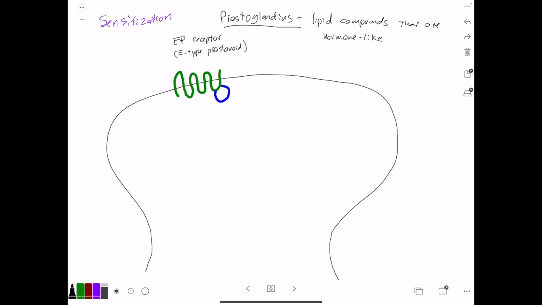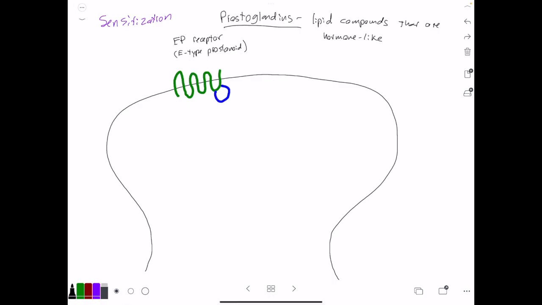Prostaglandins are a subtype of prostanoids. Prostanoids, which include prostaglandins, are lipid compounds that are derived from polyunsaturated fatty acids. Prostaglandins are a specific type of these, and they are derived from the cell membrane itself.